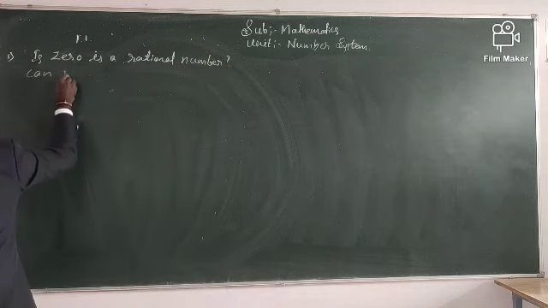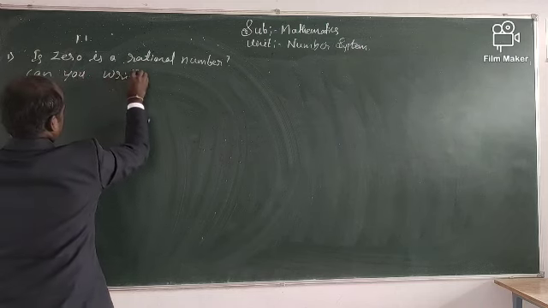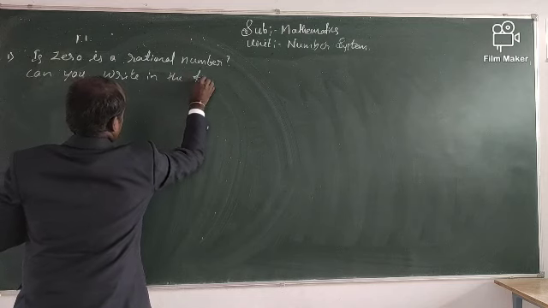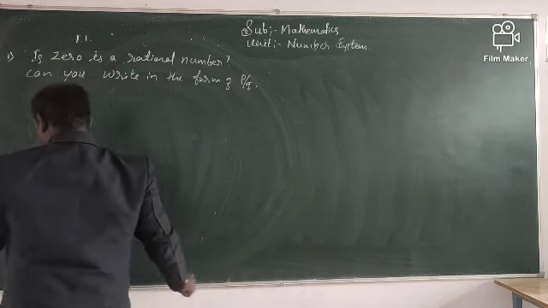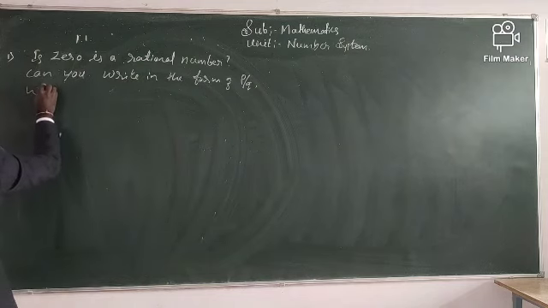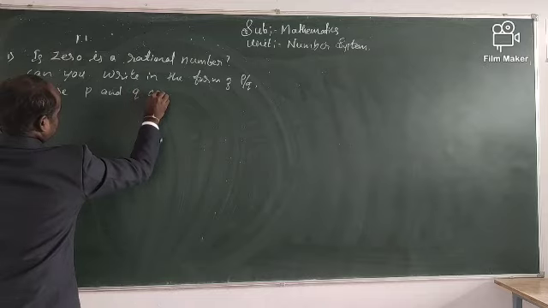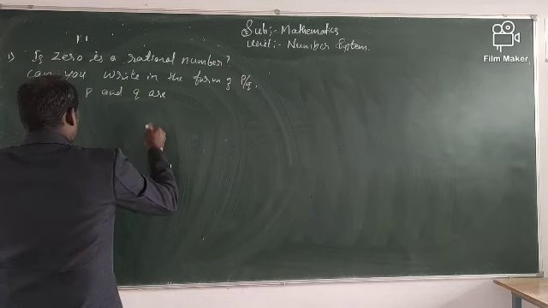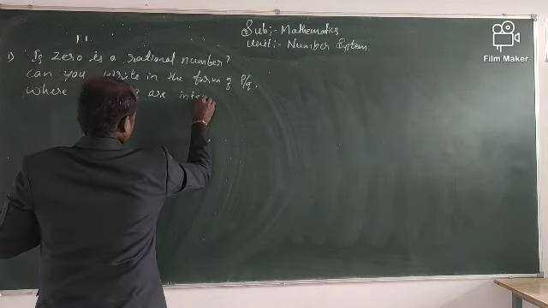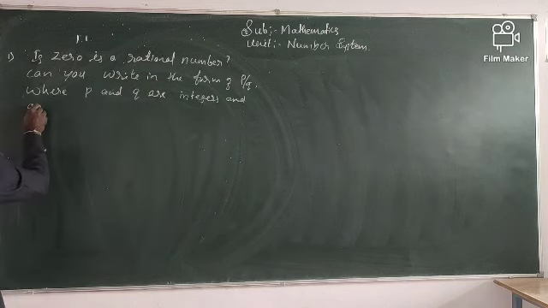Can you write it in the form of p by q, where p and q are integers and q is not equal to 0?